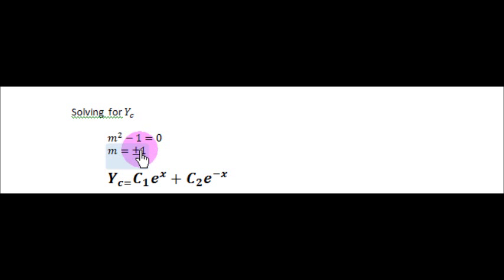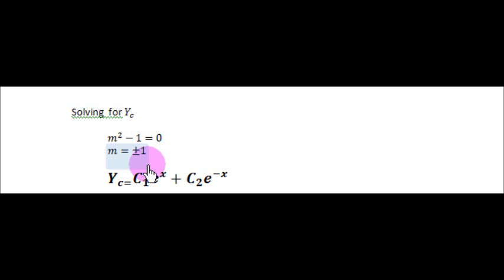So we need to find the characteristic equation. So our characteristic equation is m squared minus 1 is equal to 0. We equate it to 0 to find the yc, or the solution of the homogeneous part. So m is equal to plus or minus 1.